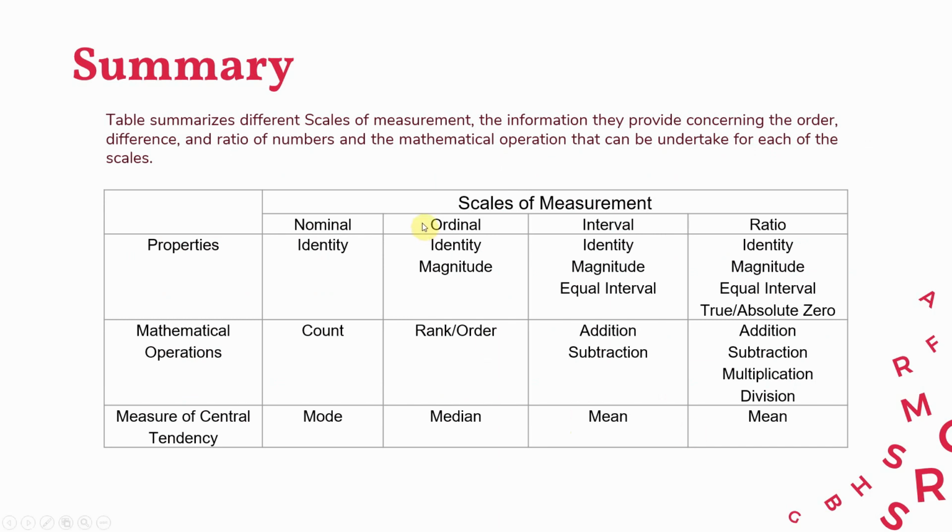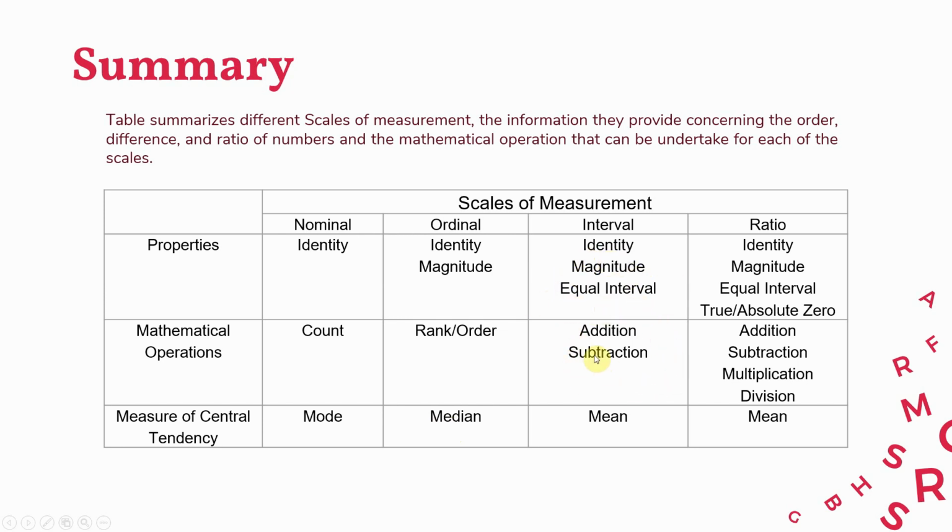Here's the summary. A variable on nominal scale will only have the property of identity. A variable on ordinal scale will have identity and magnitude, and the mathematical operation that you can perform is just rank and order. The measure of central tendency is median. In interval, the variable will have the properties of identity, magnitude, equal interval.